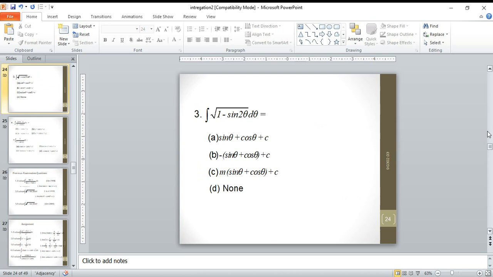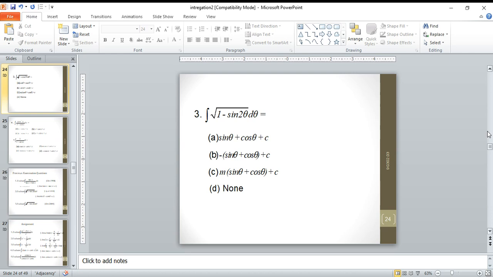The next one: integration of under root of 1 minus sin 2 theta d theta. Here 1 is sin square theta plus cos square theta, and sin 2 theta is 2 sin theta cos theta. So the integration of under root of sin square theta plus cos square theta minus 2 sin theta cos theta.